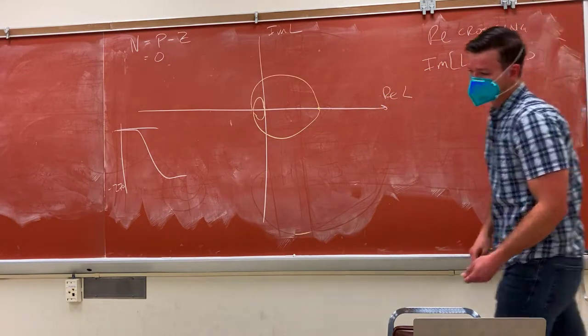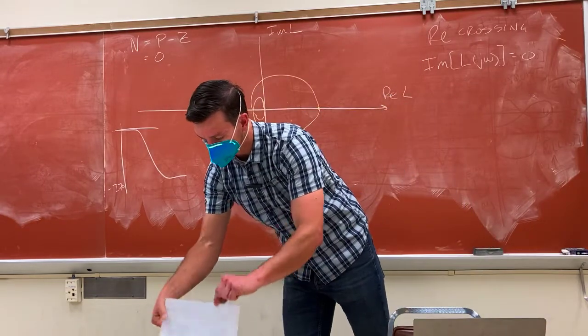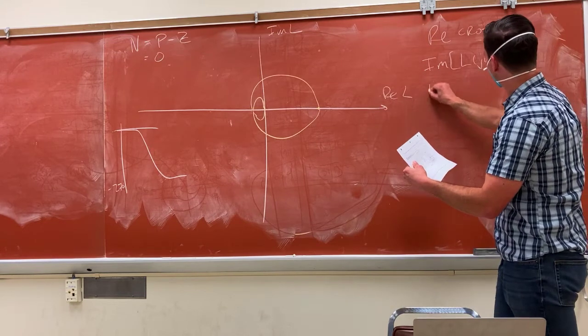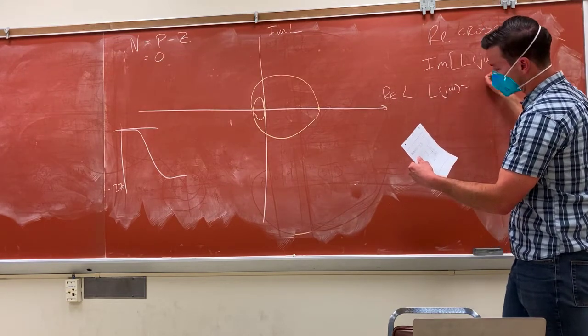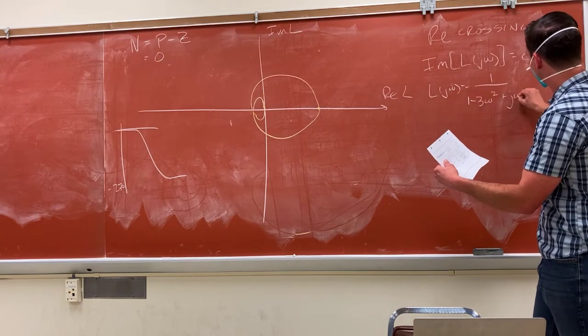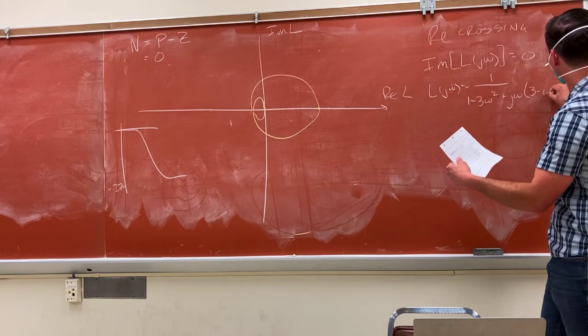Okay, so L of j omega, if you FOIL it out, you get 1 over 1 minus 3 omega squared plus j omega times 3 minus omega squared.